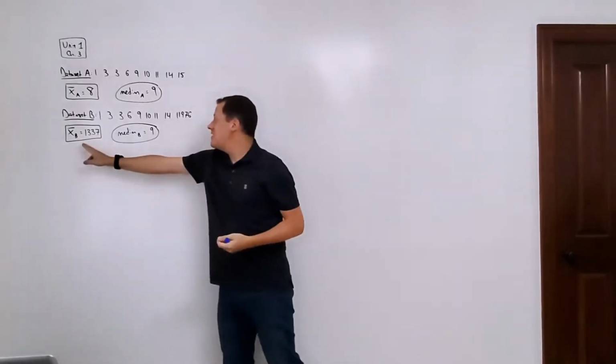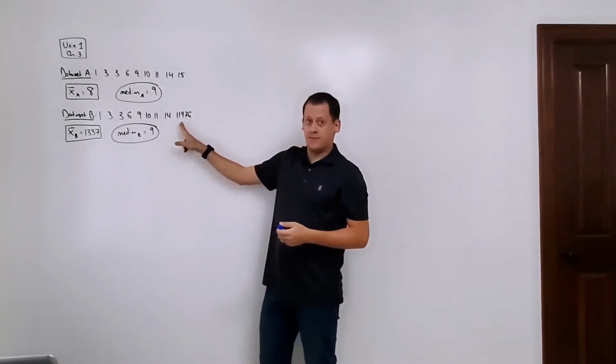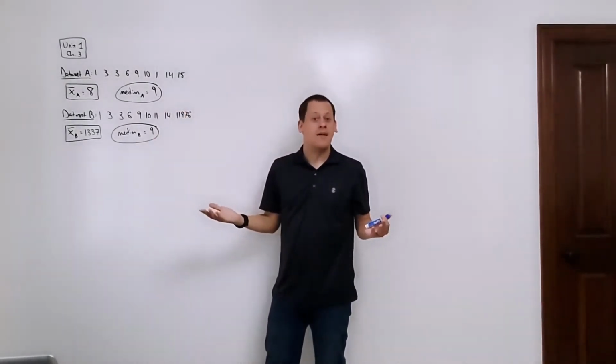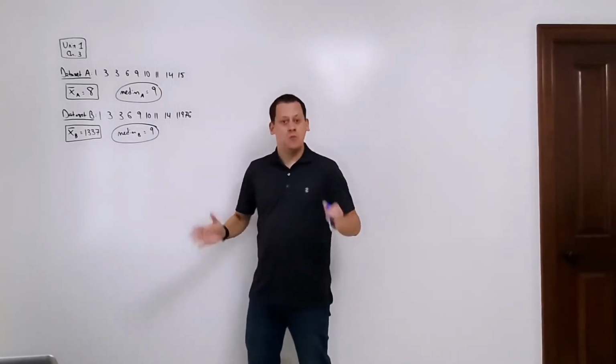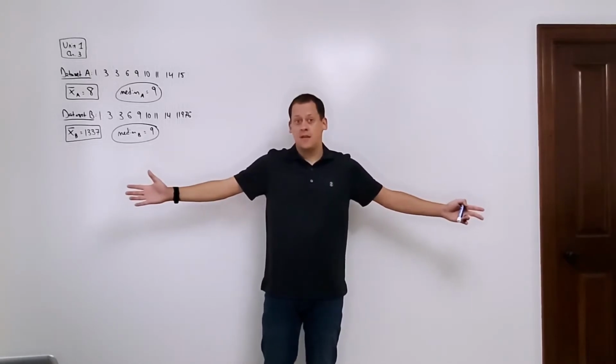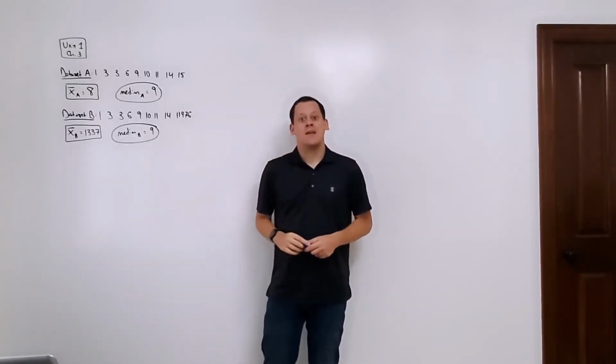So the mean is very susceptible to outlying values, whereas the median is solid as a rock. The median will stay where it is, even if there are crazy outliers on the ends, because the median only takes into account what's in the middle of the data set.